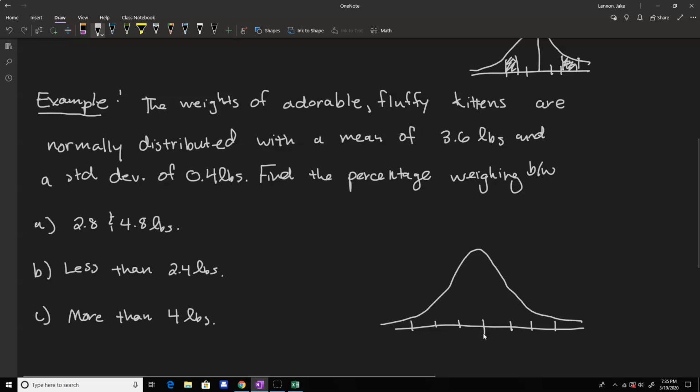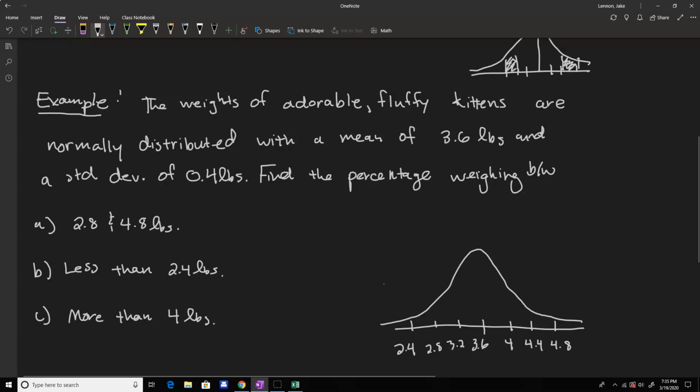So the middle value we said was 3.6, and we're counting by 0.4, so 4 more is 4, 4.4, and 4.8. Below we would have 3.2, 2.8, and 2.4.